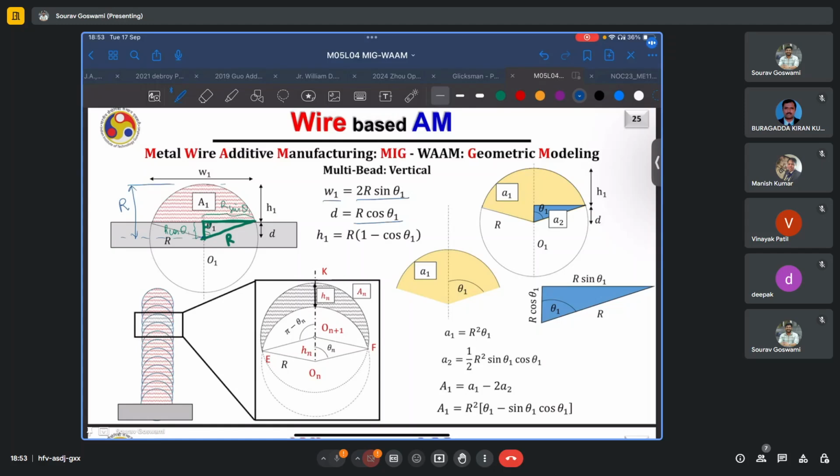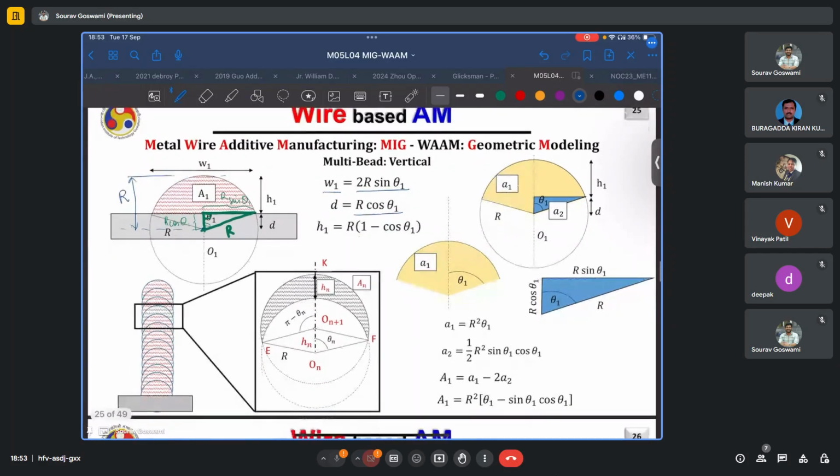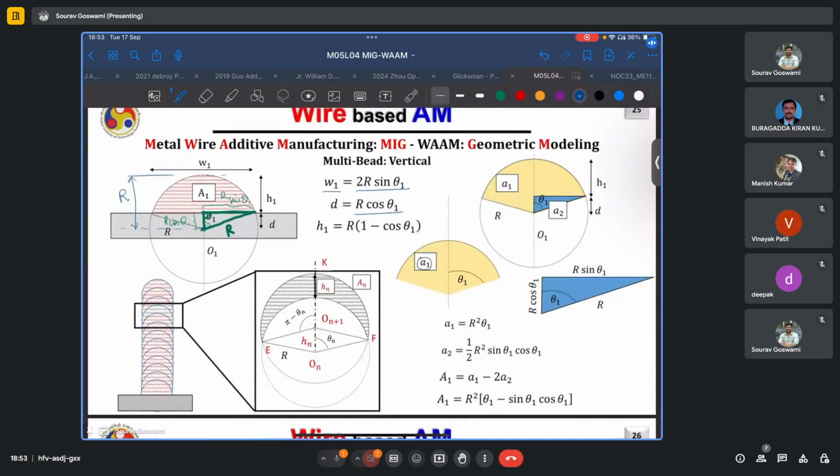So to find the area capital A1, we divide this composite geometry into simpler geometries consisting of this sector with an area of small a1 and this triangular region with an area of small a2.